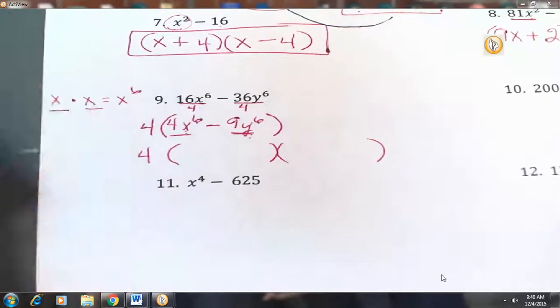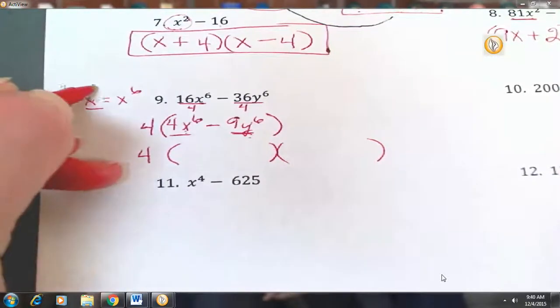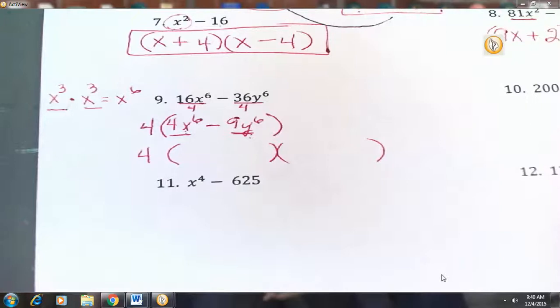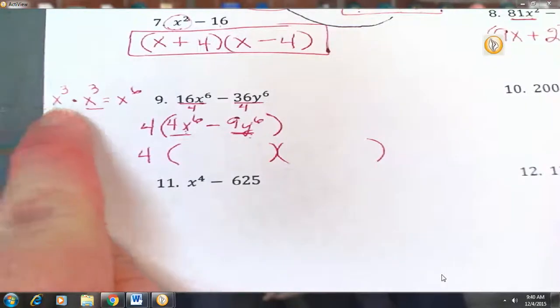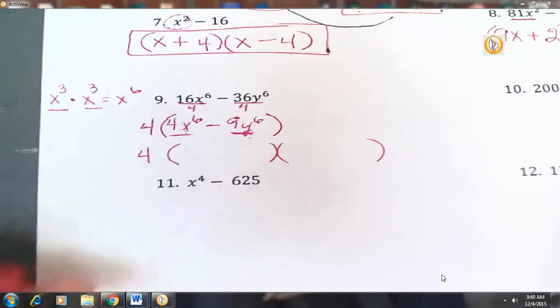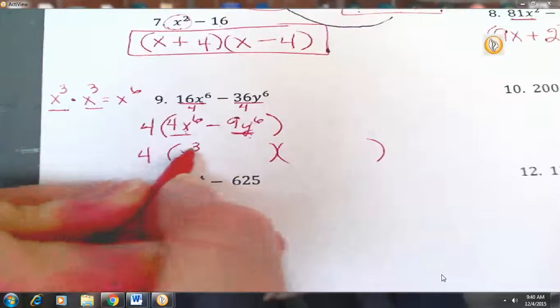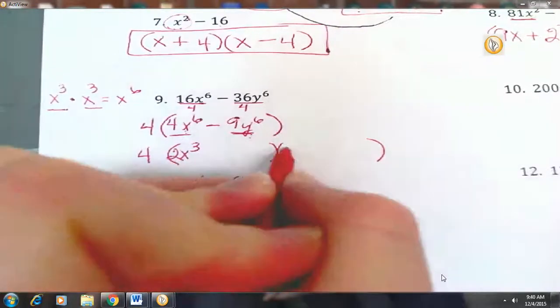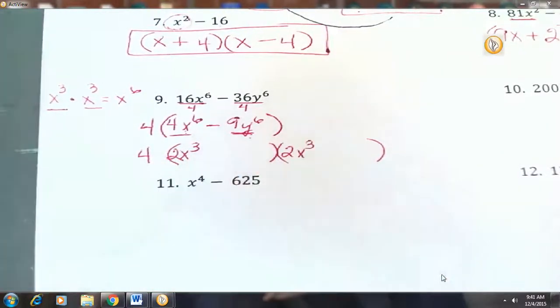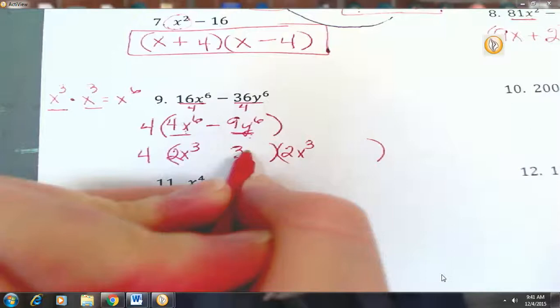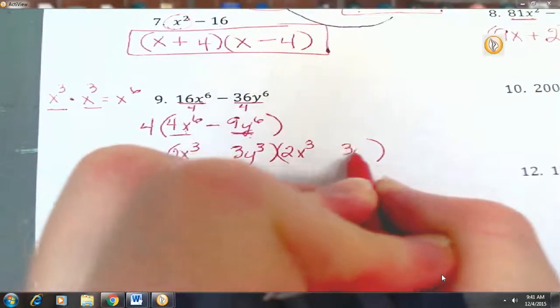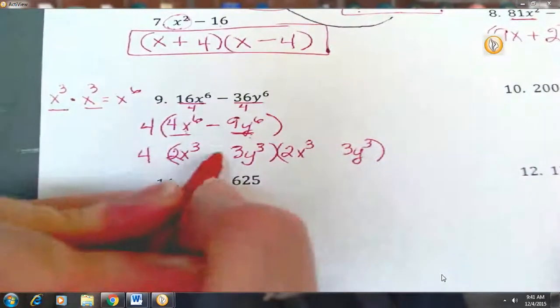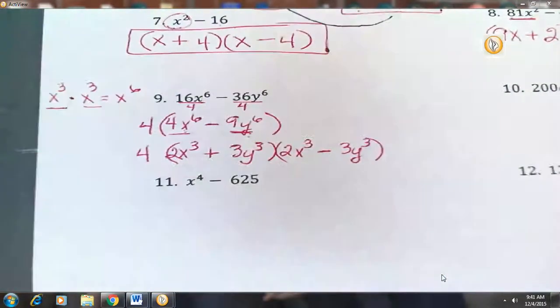X to what power? X cubed. When you multiply your variables, we add the exponents. So the square root of x to the 6th is really x to the 3rd. It's going to be 2x to the 3rd. What is the square root of 9y to the 6th power? 3y cubed. One is plus, one is minus.